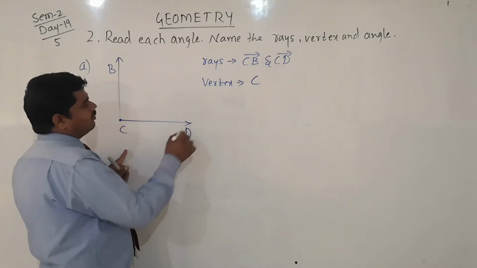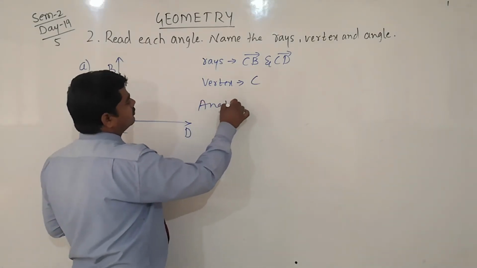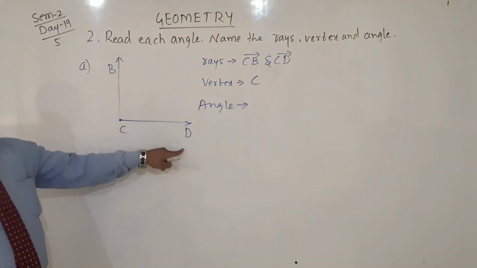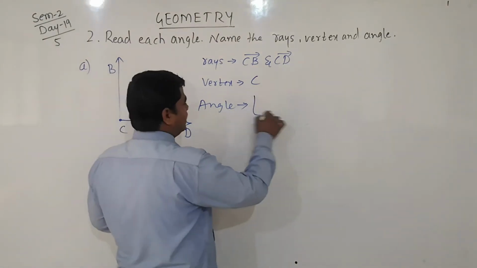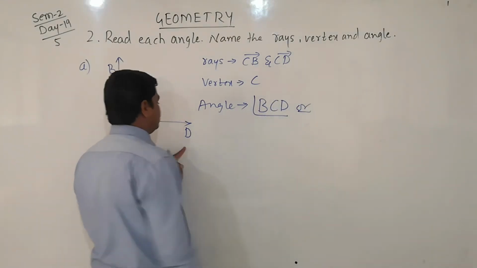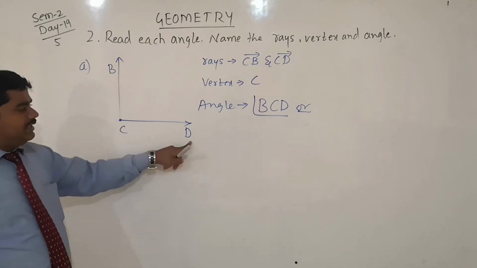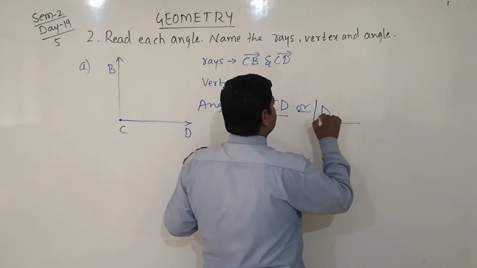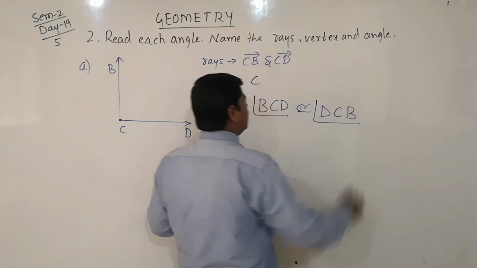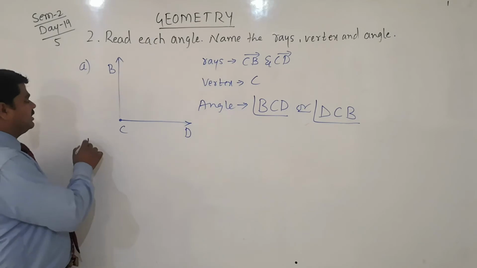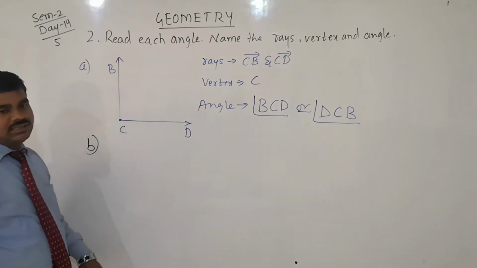Next, about the angle. Angle we can write BCD is the angle, BCD or DCB. You can write angle DCB. This is a very simple question, writing rays, vertex and angle.